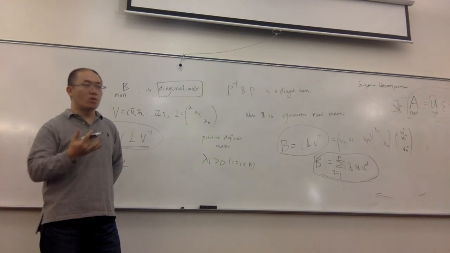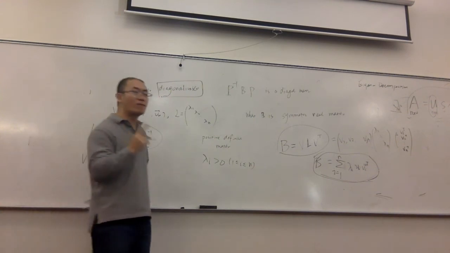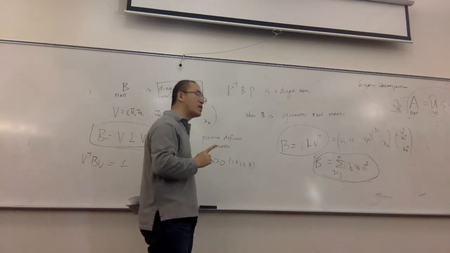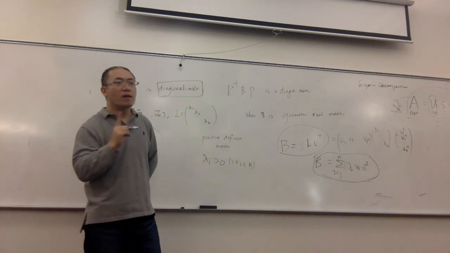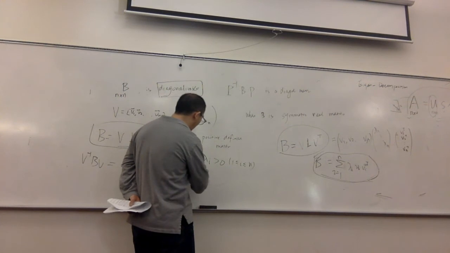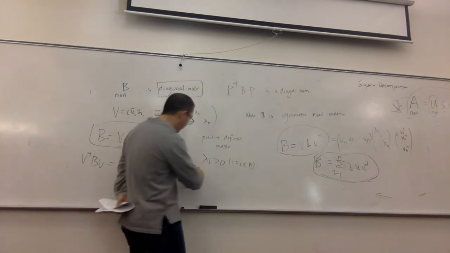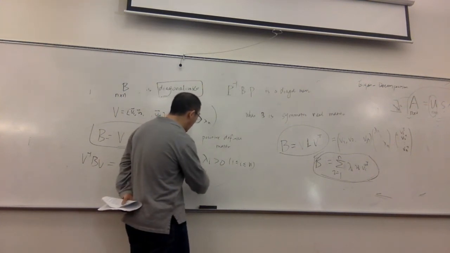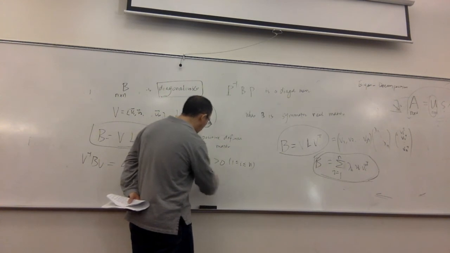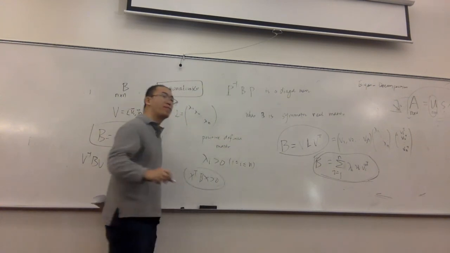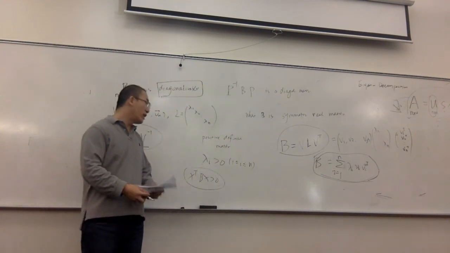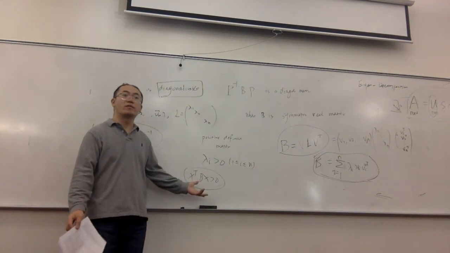And you may have learned in your linear algebra course that a positive definite matrix must satisfy a property that for arbitrary non-zero vector x, the quadratic form x transpose B x must be strictly positive. This is actually another definition for positive definite matrix.